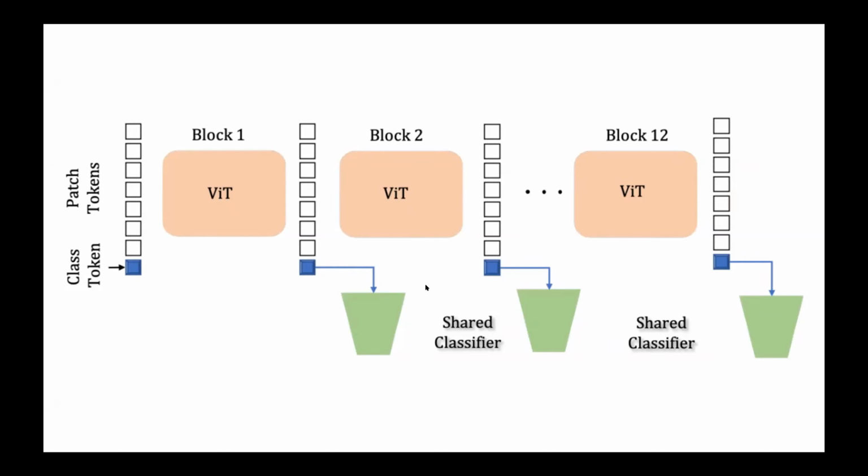This picture is showing that each block will generate the class token. That is the characteristic of a vision transformer model. Based on this class token, it will be processed by the classification head separately.